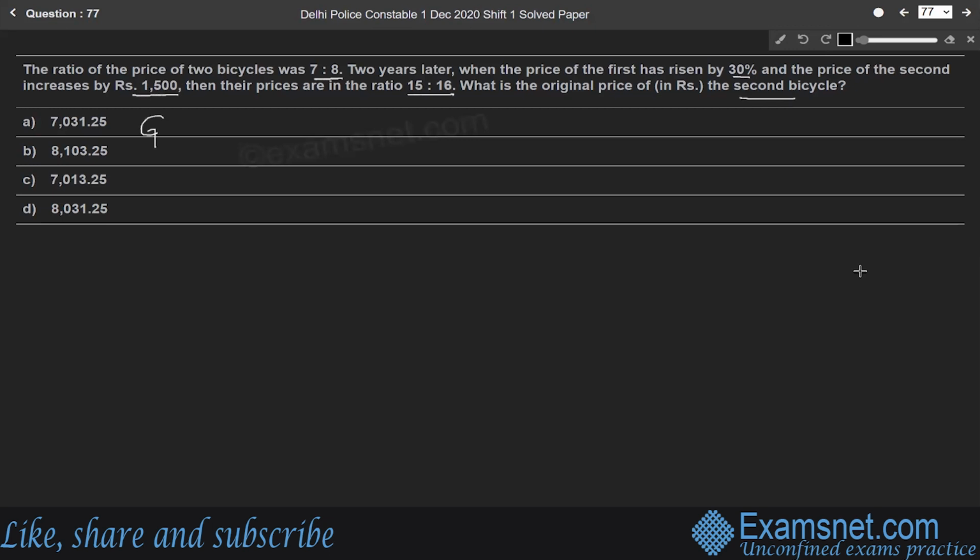So here, the ratio of the price of two bicycles is equal to 7:8.